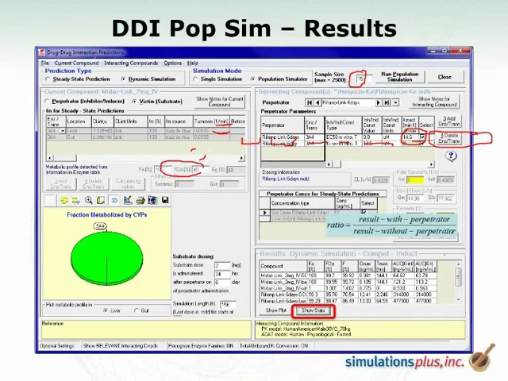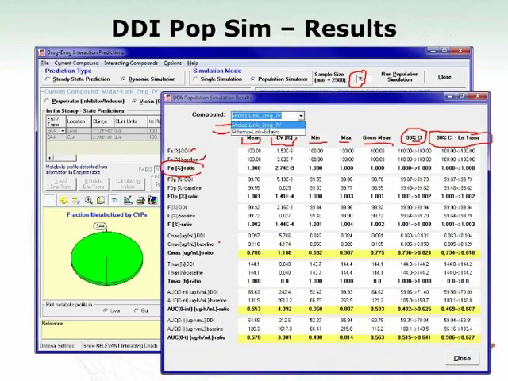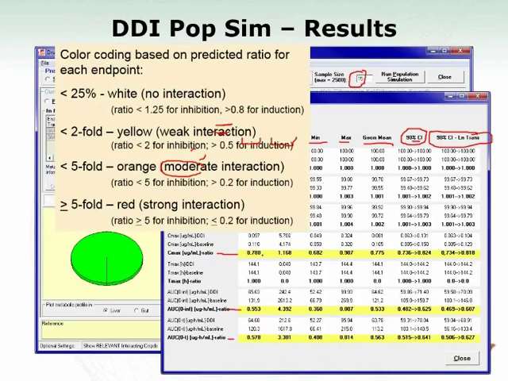I didn't put here slides for the steady-state predictions, but for those of you who've tried some of those, you know that as soon as you get the prediction and the ratio of AUC, we do also color code the background of the cells from yellow to red, accounting for the strength of interaction. The same thing we are doing here for the ratios, color coding those, to help you very quickly identify whether I am looking at a weak or strong interaction.